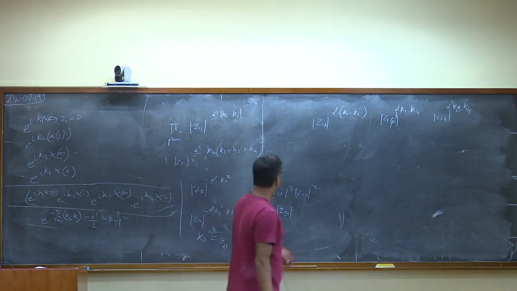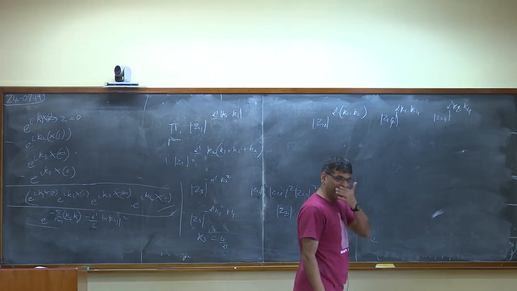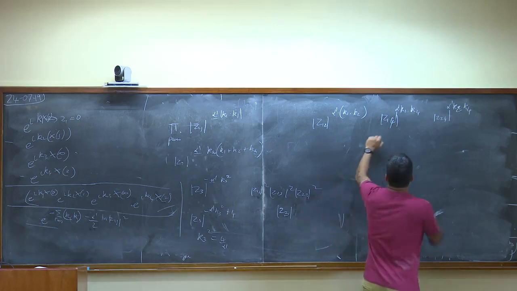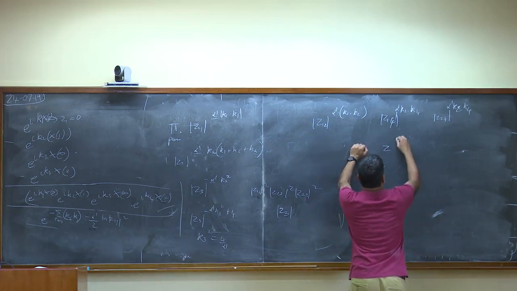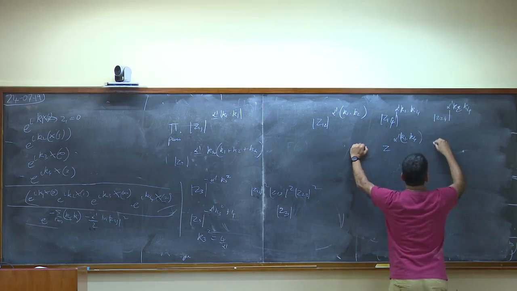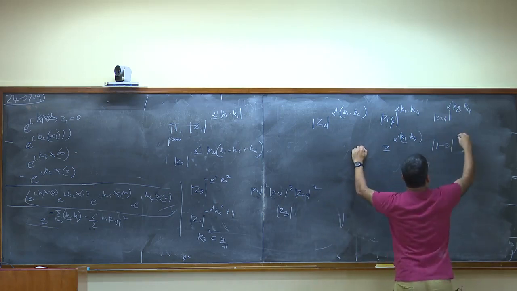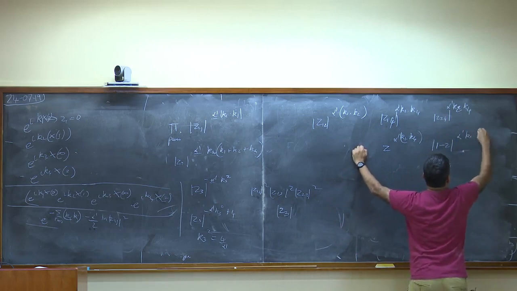Okay, now we put in what Z12 was, that was 1. So that's gone. What about Z14? That was just Z to the power alpha prime K1 dot K4. And this is 1 minus Z to the power alpha prime K2 dot K4.